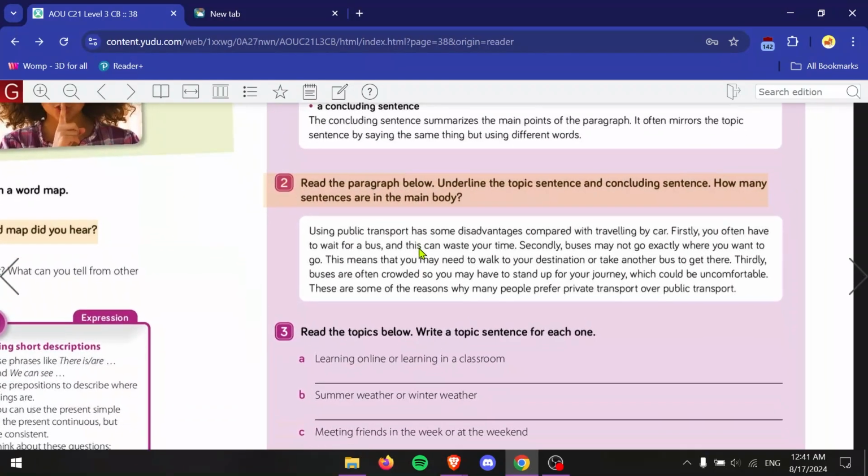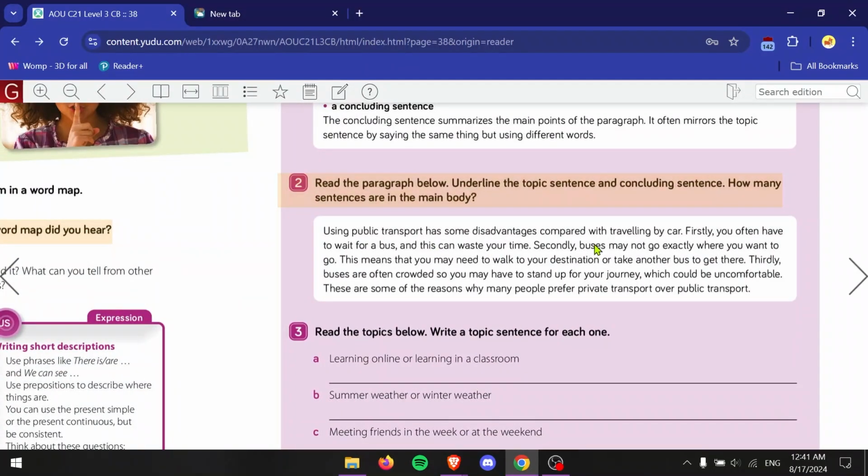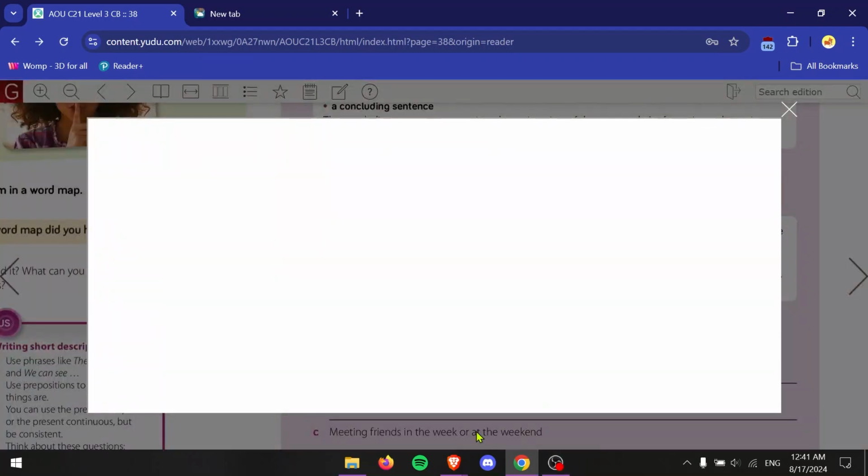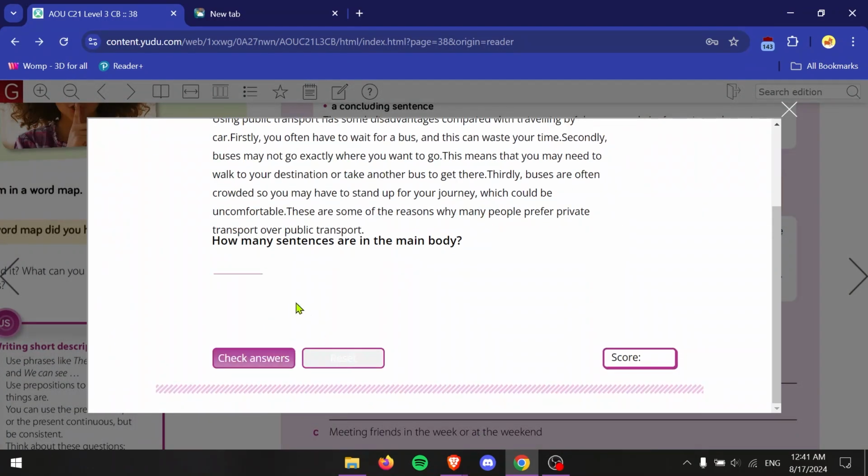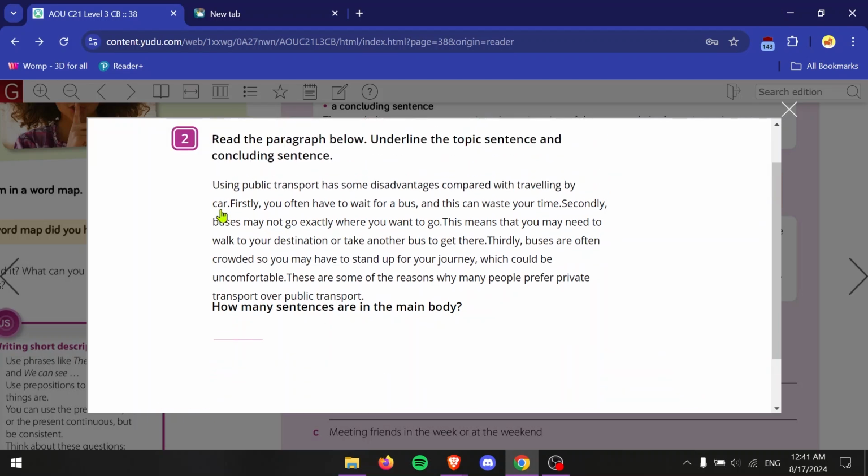Read the paragraph below and underline the topic sentence and concluding sentence. How many sentences are in the main body? This should be fun. Let's take a look. Okay. So here we have: using public transport has some disadvantages compared with traveling by car.